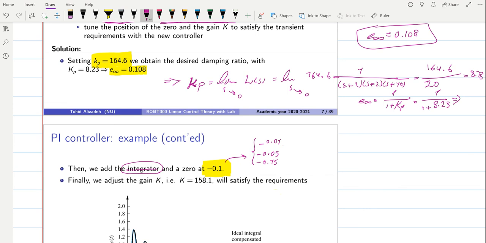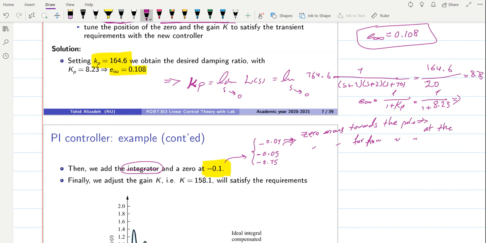Later we will see that as the 0 moves towards the pole, or as the 0 moves far from the pole at the origin, the behavior of the system will be different.